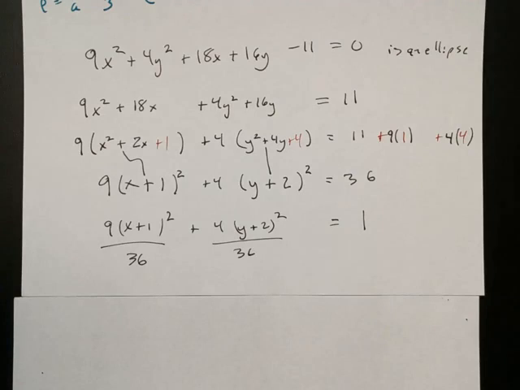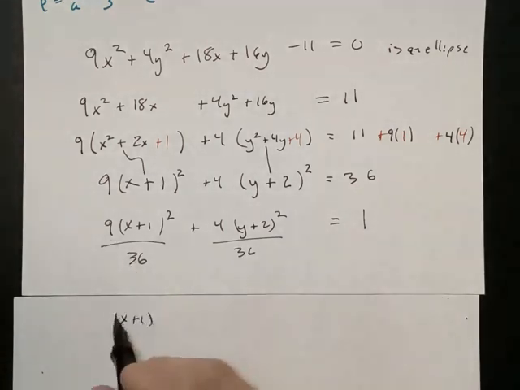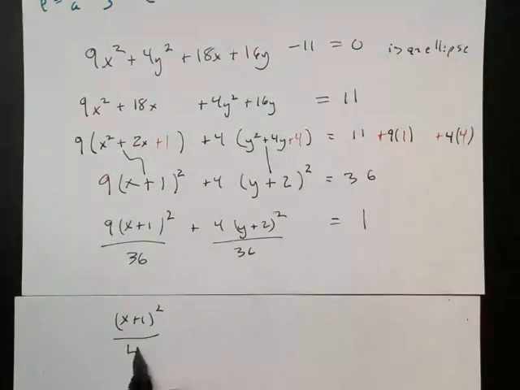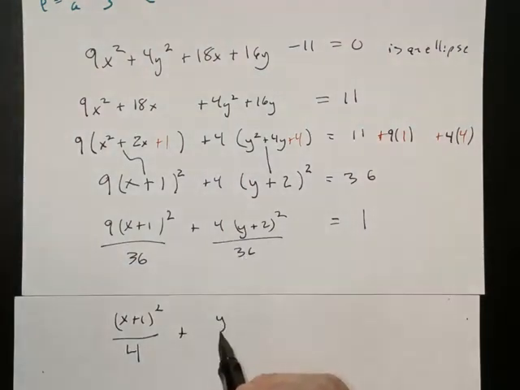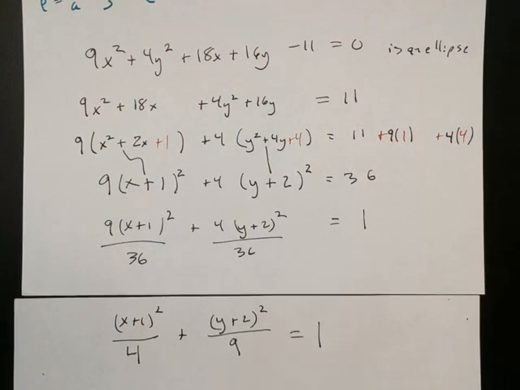What's 36 divided by 9? If I cancel the 9, I get x plus 1 squared over 4. And here, if I cancel the 4, I get y plus 2 squared over 9. That's an ellipse. That's exactly what I wanted to see.